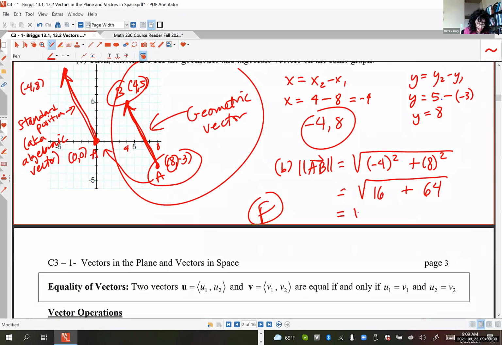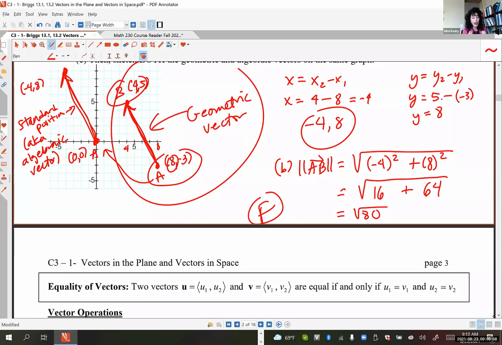Instead, you're going to actually add 16 and 64 together, and I get 80. I'm going to take 1 point away from you if you leave it as square root of 80. Well, how come? MyLab Math will probably give you full credit, although it probably depends.